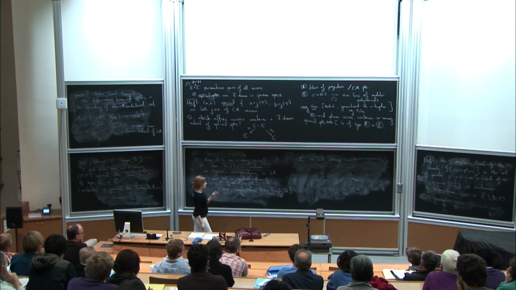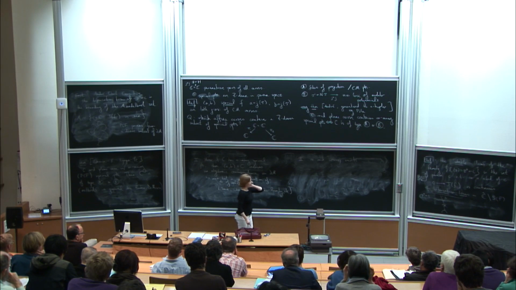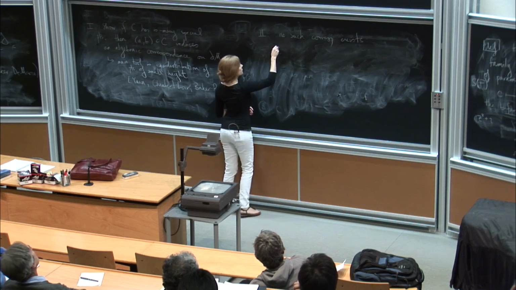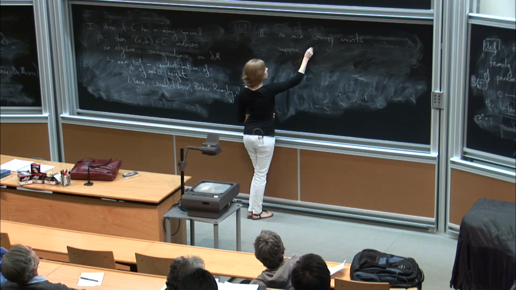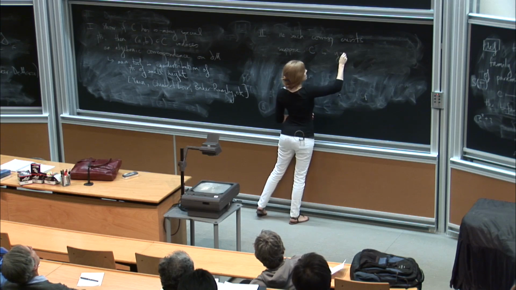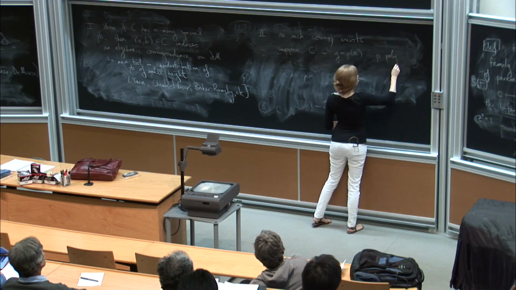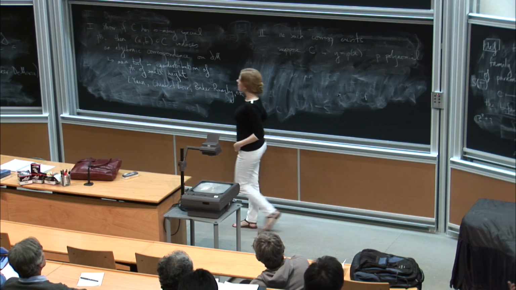Okay, so let me sort of outline. There's a really nice proof of this in the case where C is defined as the zero locus of a polynomial. So suppose that C is cut out by some polynomial. Okay.